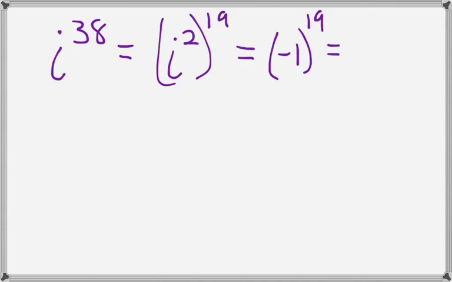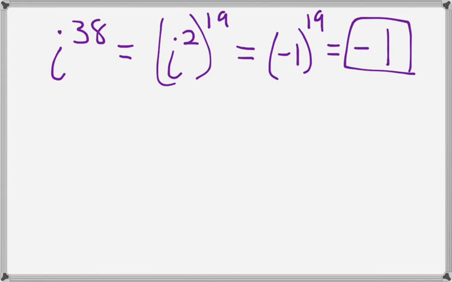Now if you raise a negative number to an odd power, you start pairing up all those negative ones, you're going to have an odd one left. So -1 to an odd power is going to be -1. So that's how we deal with i to an even exponent. You write it either as i squared to a power or i to the 4th raised to a power.